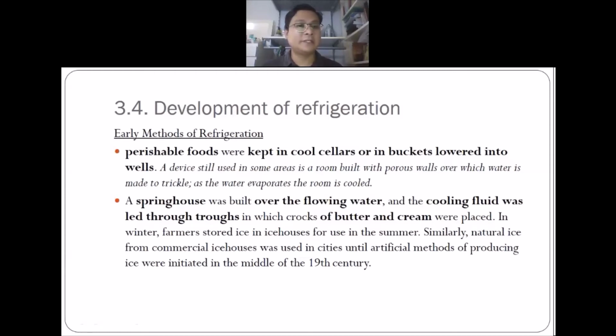In the winter, farmers stored ice in ice houses for use in the summer. Similarly, natural ice from commercial ice houses was used in cities until artificial methods of producing ice were initiated in the middle of the 19th century.